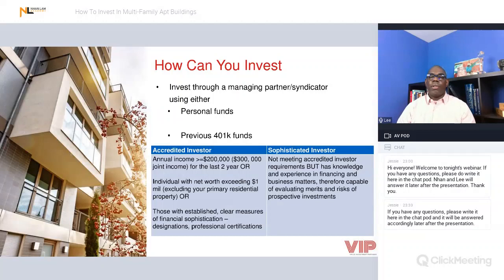An accredited investor has an annual income of $200,000 for the last 2 years, or a net worth of $1 million, not inclusive of their primary residence.